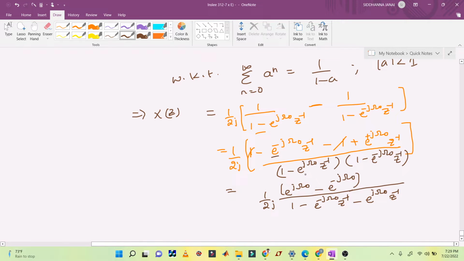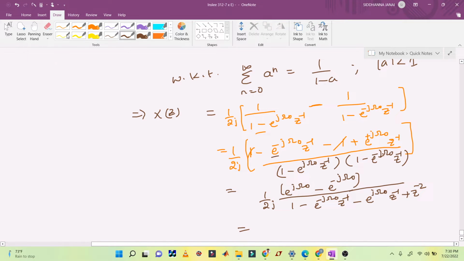Finally minus of minus e to the power j omega naught z inverse. So here we will get minus into minus plus, minus j omega naught and plus j omega naught will cancel out, that is 1. Z inverse into z inverse is z to the power minus 2. This is the term which we are going to get.